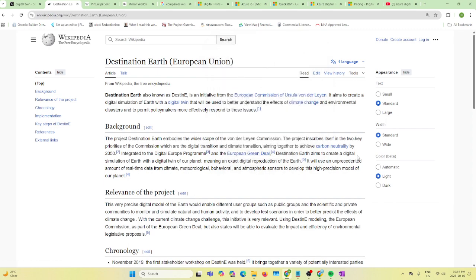Destination Earth aims to create a digital simulation of Earth with a digital twin of our planet, meaning an exact digital reproduction of Earth. It will use an unprecedented amount of real-time data from climate, meteorological, behavioral, and atmospheric sensors to develop this high-precision model of our planet.